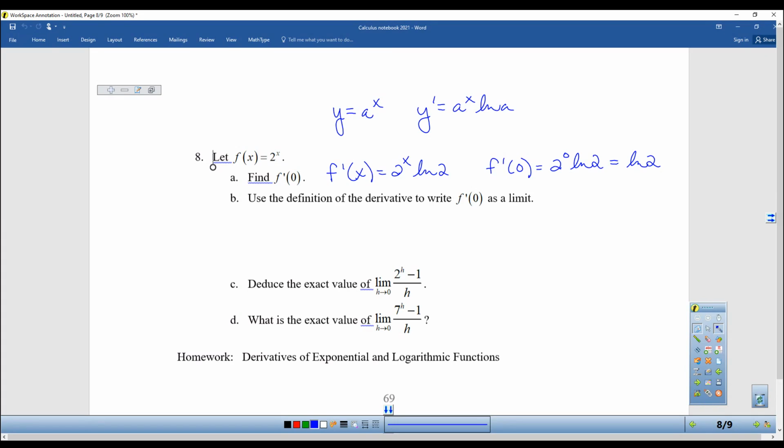Use the definition of the derivative to write f prime of 0 as a limit. You are going to have to know this. The limit as h goes to 0 of f of x plus h minus f of x all over x plus h minus x.